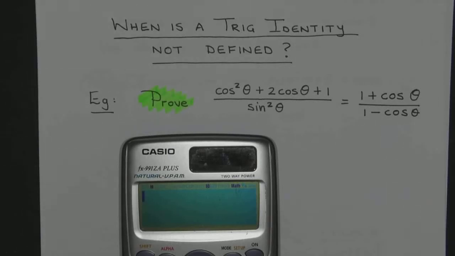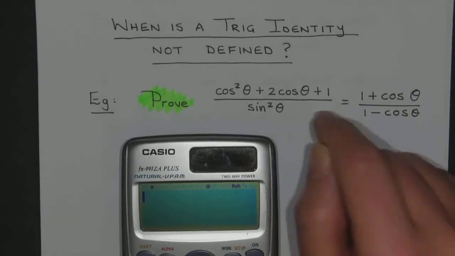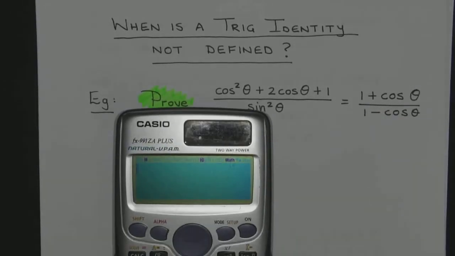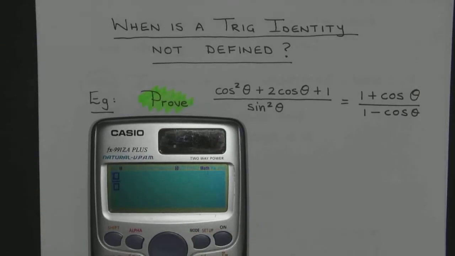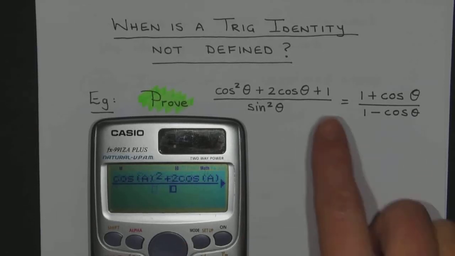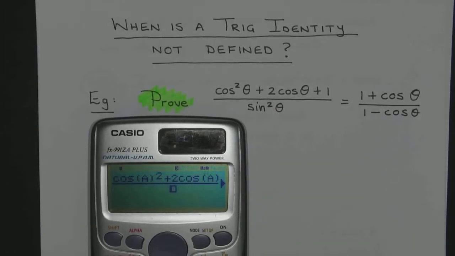So if I pick 23 and put it into the left-hand side, I'm going to type 23, shift, store it under A, so that every single time A comes up, it's going to be 23 degrees. So on the left-hand side, I put cos of that angle squared plus 2 cos of that angle plus 1, and then I put it over sine of that angle squared.